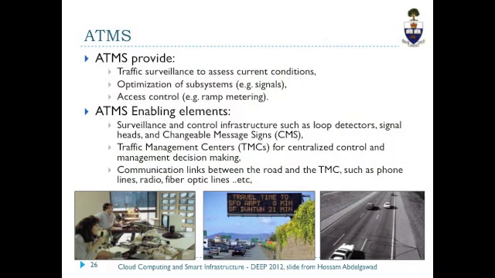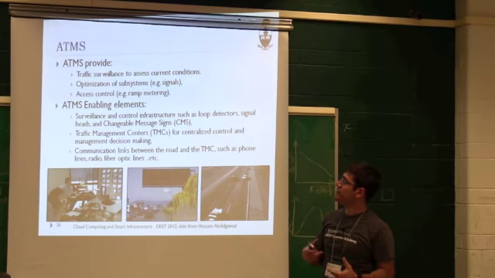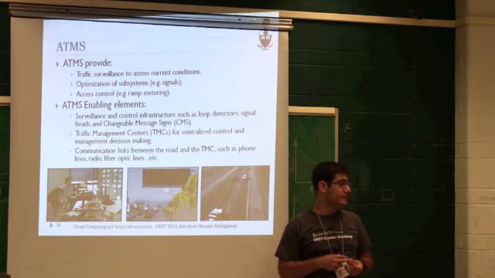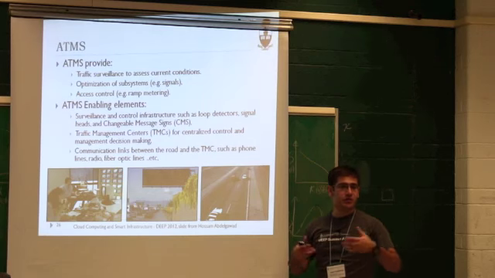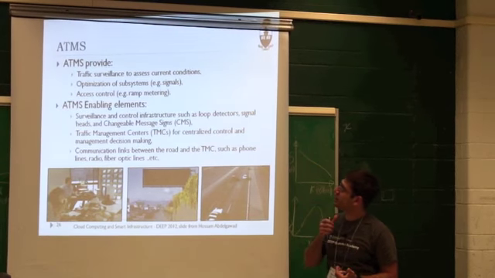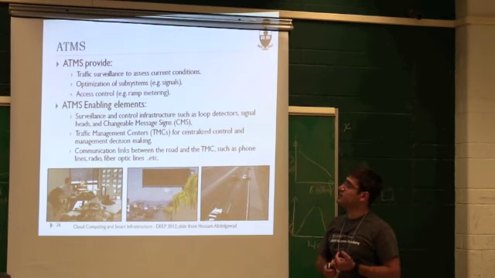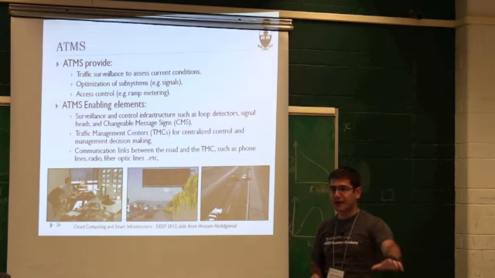Okay, so ATMS. This is, again, from the management perspective. So people who want the roads to be working efficiently, they want decent speeds, they want high flows. So it's used for traffic surveillance to assess current conditions. So some of the cameras are used to figure out whether there's an accident.